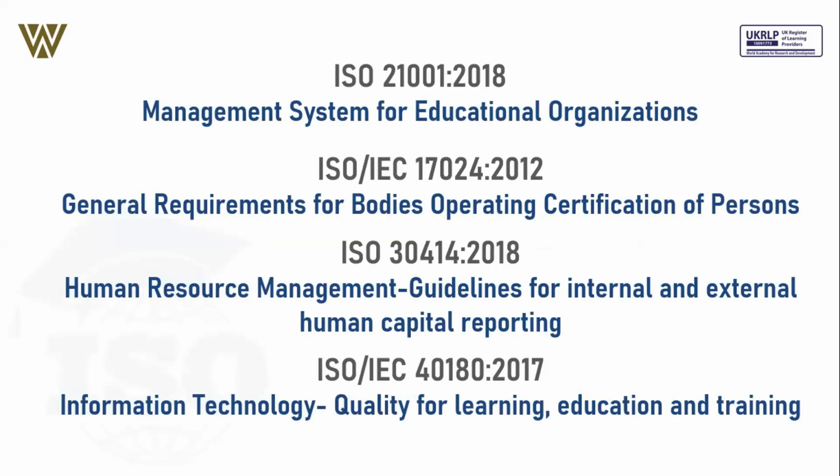We have 17024, the general requirements for bodies operating certification of persons. 30414 is the HRM guidelines for internal and external human capital reporting. And ISO 40180 is about information technology, where we focus on the quality of learning, education, and training.